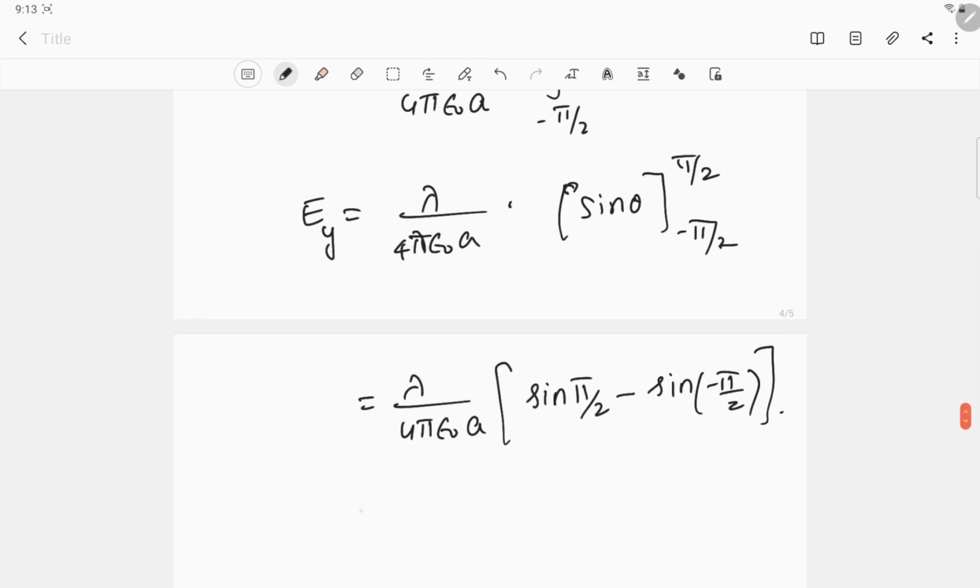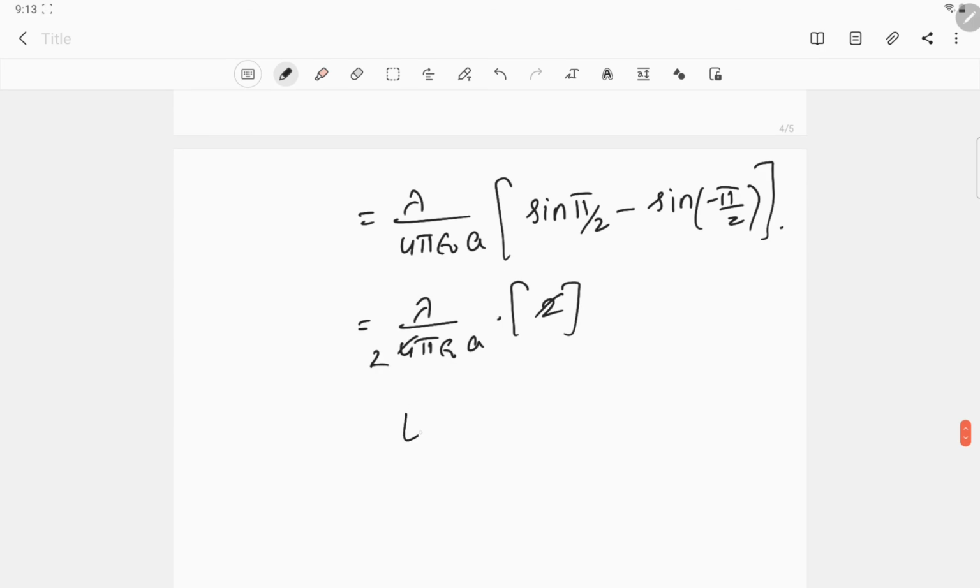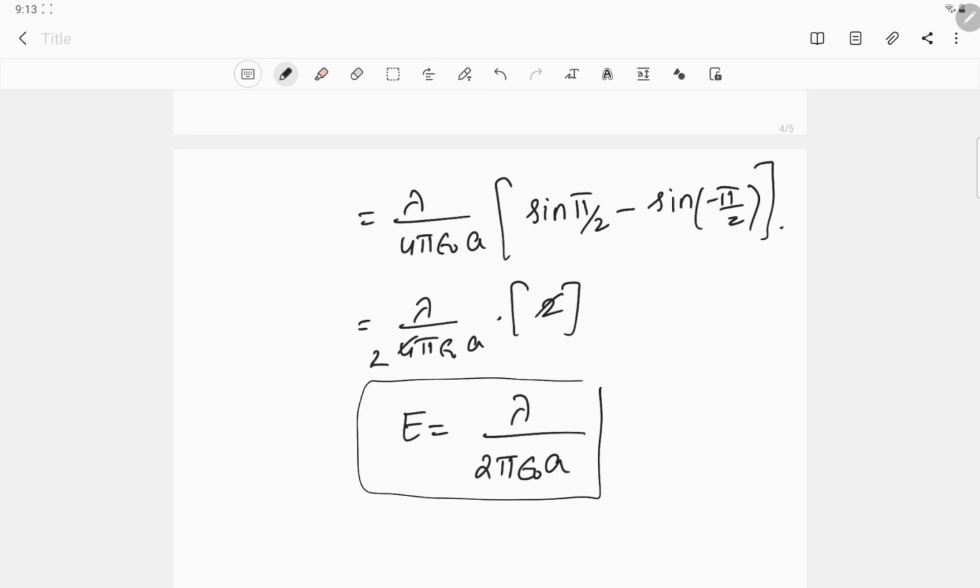So therefore it will be equal to sine pi by 2 plus sine pi by 2, which is 1 plus 1, so I can write that as 2. So 2 and 2 will get cancelled. Therefore your answer is E is equal to lambda divided by 2 pi epsilon naught a, which is similar to the result that we got when we used Gauss law. Okay, thank you.